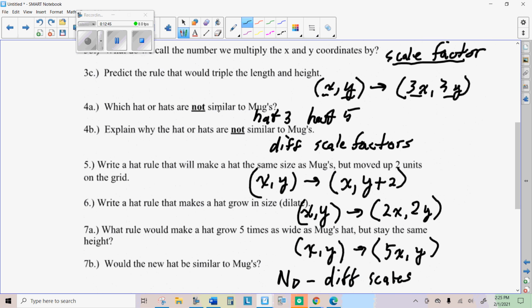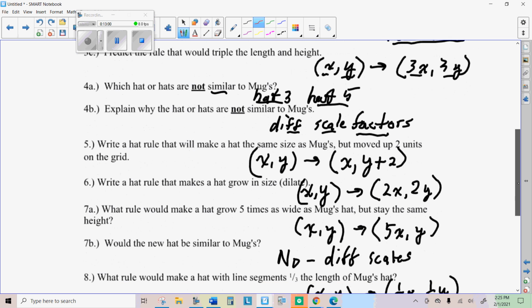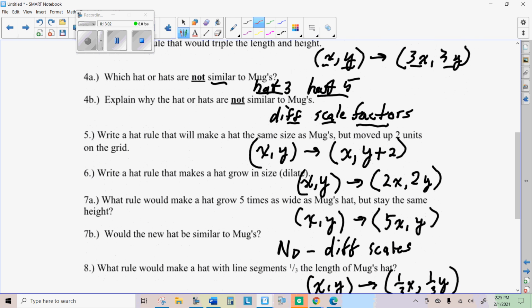The ones that are not similar, that means they don't have the same shape as the original hat, are hat 3 and hat 5, and the reason is because they have different scale factors. If you wanted to move it 2 units up, but have the x coordinates stay in the same spot, in other words, not move it left or right, just up, you would just add 2 to the y coordinate.